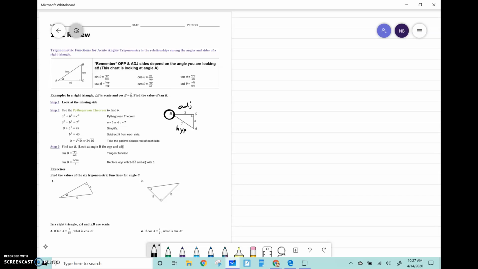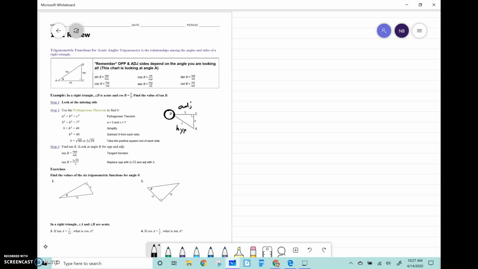All right, so what they're looking for is the tangent of B. So they're looking for the opposite over the adjacent side, but we don't have the opposite side right here. So they walk you through the step-by-step process of using the Pythagorean Theorem, and they found that the opposite side was the square root of 40, or written as 2 times the square root of 10.